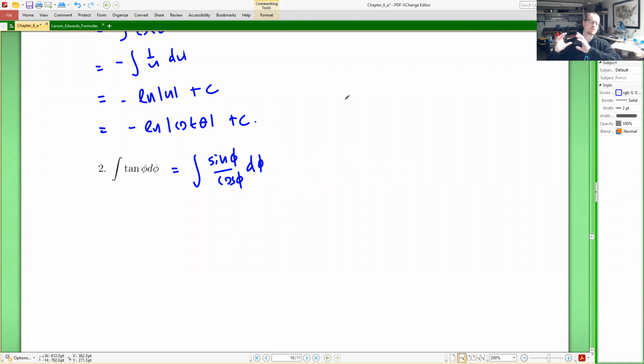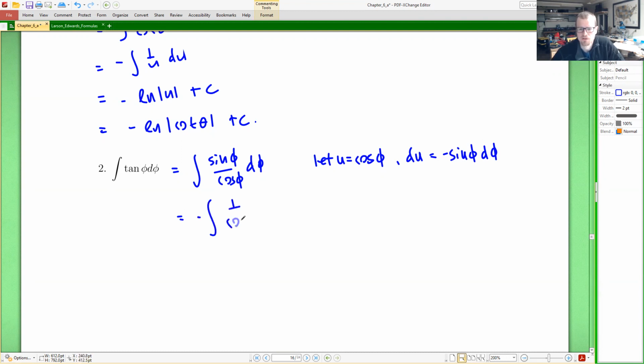Furthermore, now we have almost the exact same thing as the previous problem, right? If we let u be equal to cosine of phi, we should recall that the derivative of cosine is negative sine. So du is negative sine phi d phi. And now we just have to introduce the negative sign. So negative of the integral of 1 over cosine phi, negative sine phi d phi.